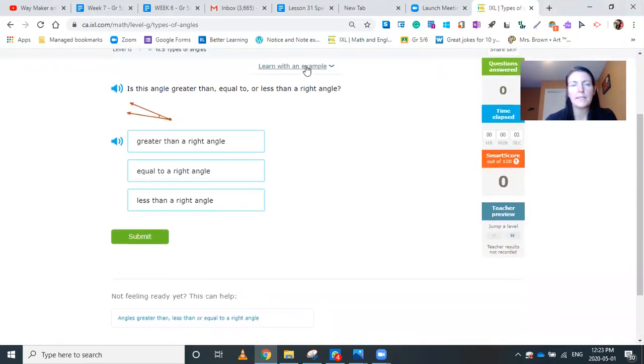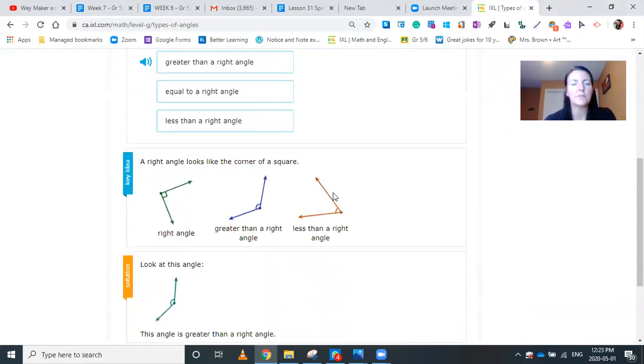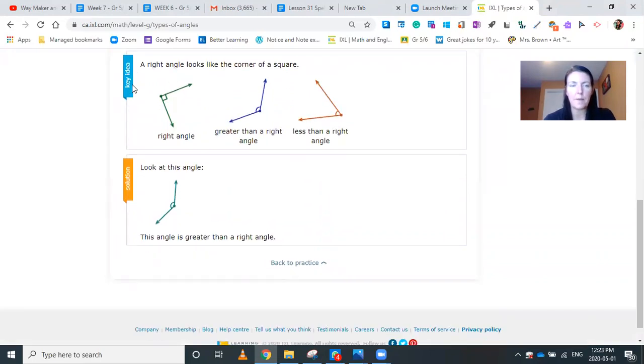We are just going to quickly click on this Learn with an Example to go through the key idea. And remember, this is in your notes that I created for you. A right angle looks like the corner of a square or the corner of your page.